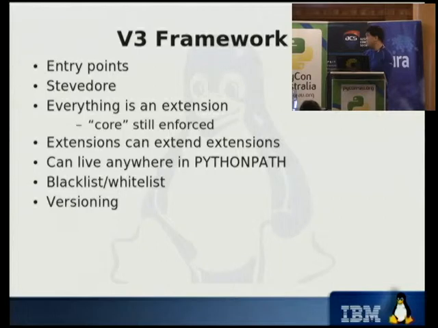You say, only if it's in this whitelist will you load them. And in this case, a blacklist overrides the whitelist. That just helps deployers have a bit of stability with their deployment. So even if someone happens to install another extension, they're going to have to modify a config file before it magically starts changing the behavior. And we've added versioning now too, to try and avoid some of the previous problems.